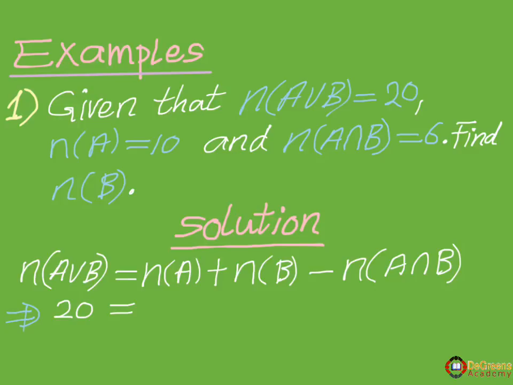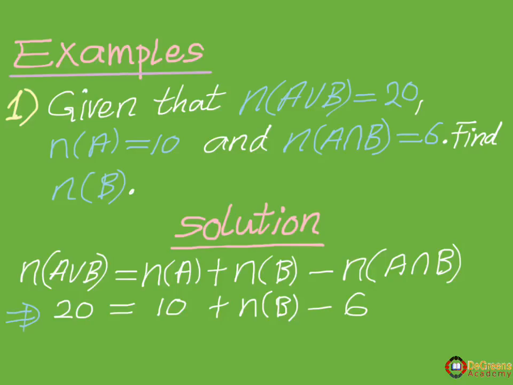So 20 is equal to the cardinal number of A, which is 10, plus the cardinal number of B minus 6, since 6 is the cardinal number of A intersection B.